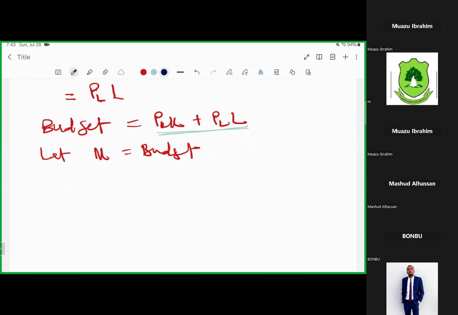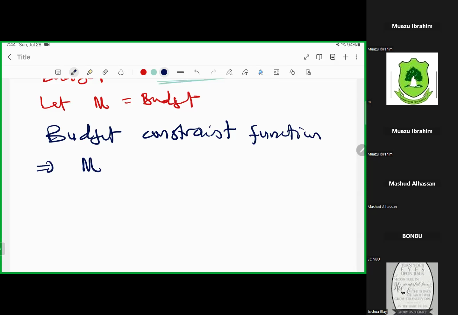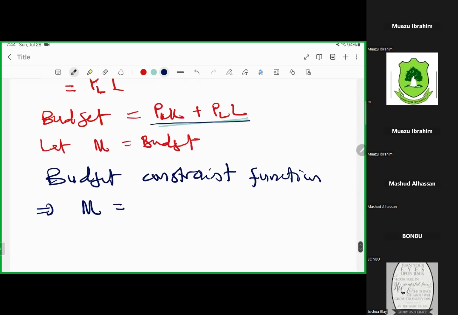So in this case, your budget constraint function would be M, which is the budget, equal to the price of K times quantity of K plus the price of labor times quantity of labor. So this is your budget constraint function.